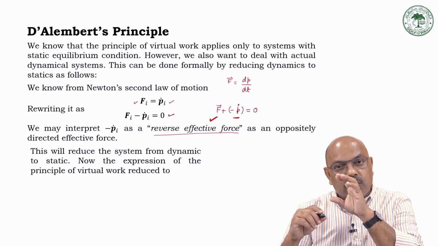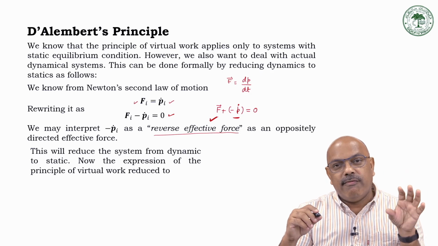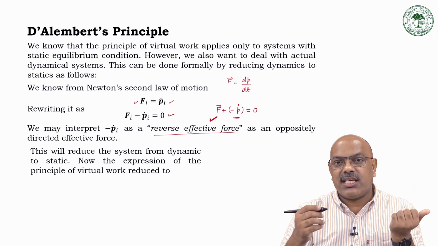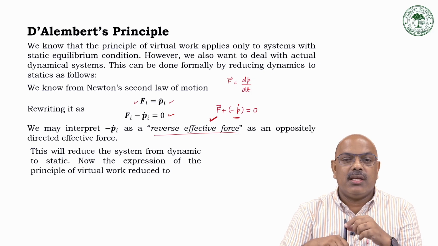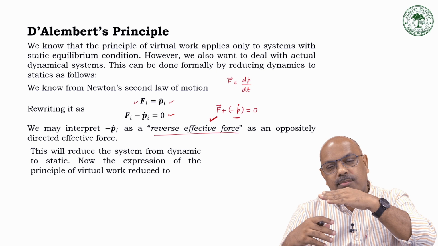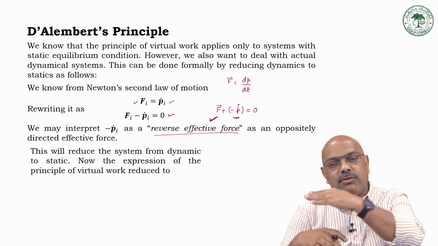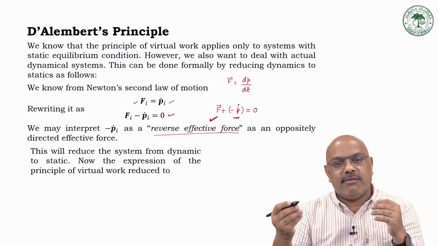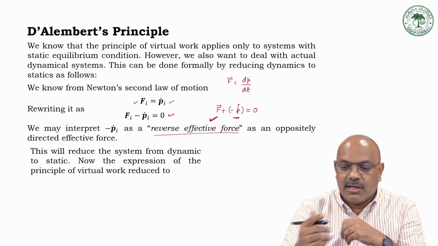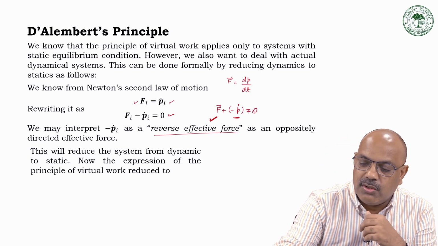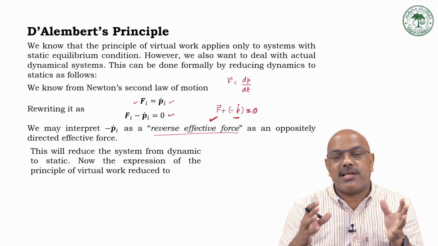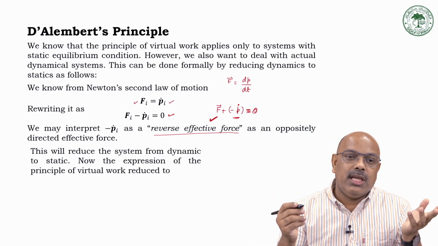If the car is moving with uniform velocity, that is, it is in dynamic equilibrium, those two forces are acting but there is no acceleration. The force the car applies through the tire to the road in the opposite direction and the friction in the direction of the motion balance each other, and the net is 0. So the car is moving with uniform velocity and there is no acceleration. That is the condition of dynamic equilibrium.